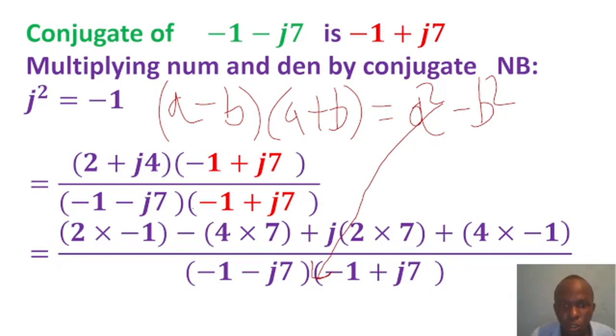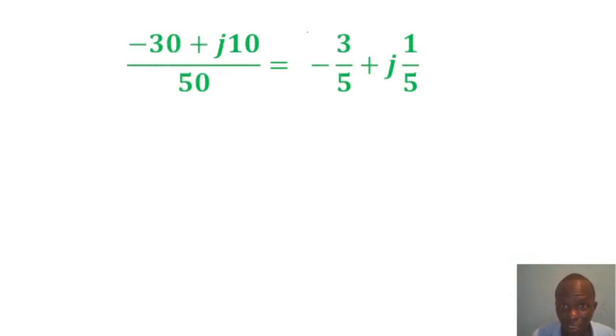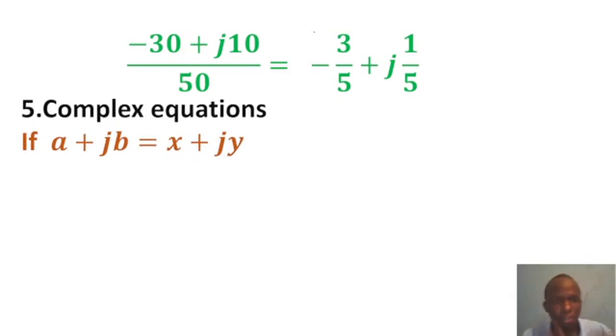And also the concept of j squared is equal to -1 also applies here. You can always try to expand that, see whether you're going to arrive at this. And the answer is -3/5 plus j 1/5.